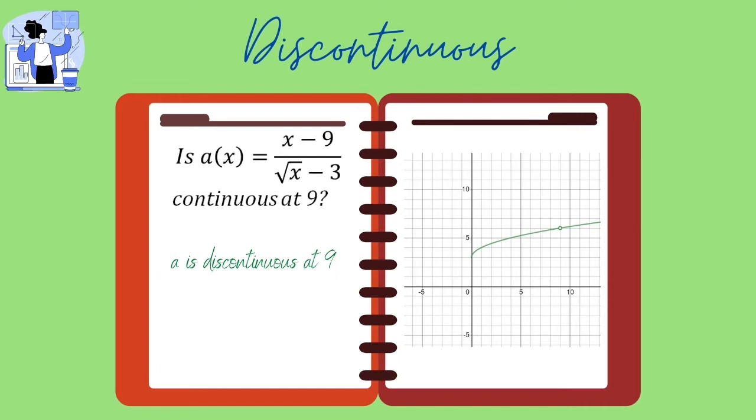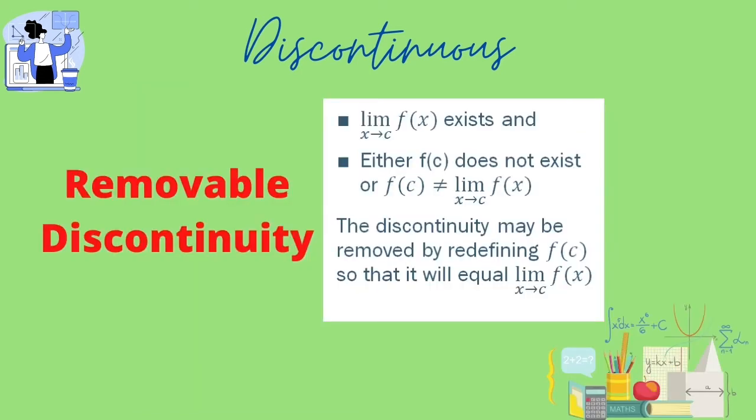This is an example of a removable discontinuity where the limit of f of x as x approaches c exists, and either f of c does not exist or f of c is not equal to the limit of f of x as x approaches c. The discontinuity may be removed by redefining f of c so that it will be equal to the limit of f of x as x approaches c.